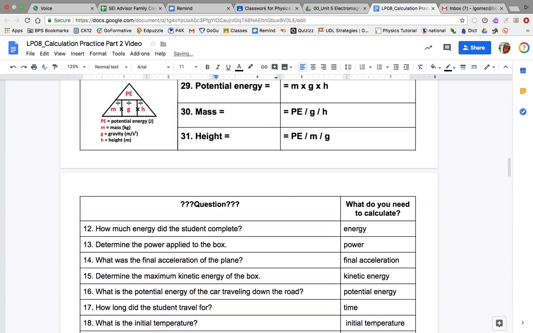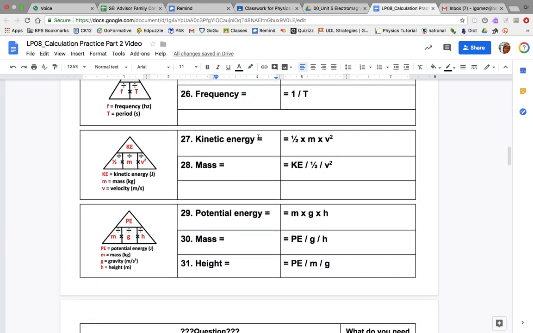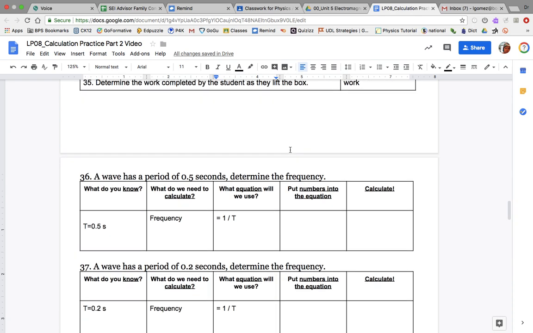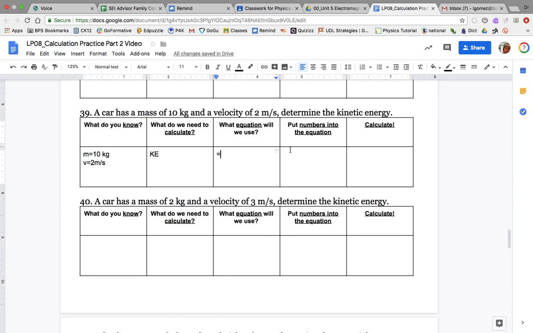And kinetic energy, if we look here, is 1/2 multiplied by mass multiplied by velocity squared. And don't forget, another way to write this is 1/2 multiplied by mass multiplied by velocity multiplied by velocity.